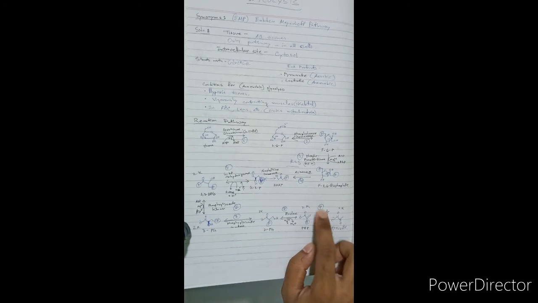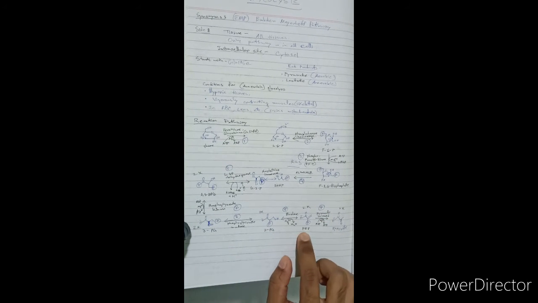In the 9th step, phosphoenol pyruvate is converted to pyruvate with the help of ADP. ATP is generated here, 2 molecules actually, with the help of Mg2 plus, and the enzyme is pyruvate kinase. Kinase is used in naming when there is phosphorylation. So this is also named for the opposite reaction, but this reaction is not reversible.